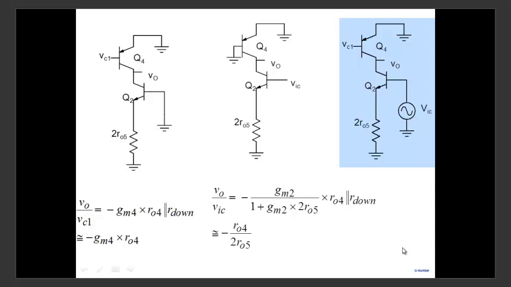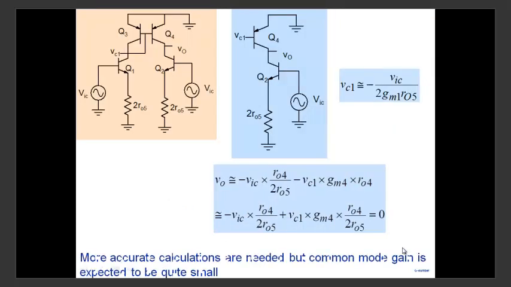I didn't calculate. Okay. So in this case, the expression, whatever it is, I'm not giving you an expression now. All that I'm saying is note that there is a cancellation process, which means that the common mode gain is likely to be very small. How small?